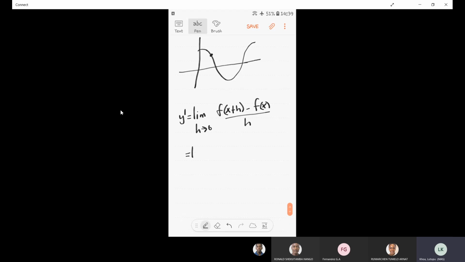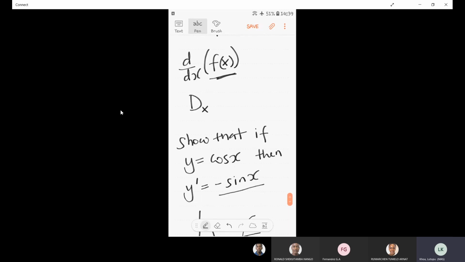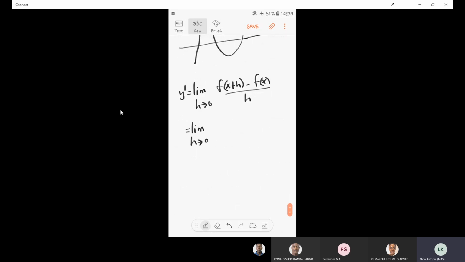This is the limit as h goes to 0. Now f of x plus h, that means wherever we have x, we substitute x plus h. So instead of cos of x, I will have cos of x plus h. And then f of x is just equal to cos x. And this is divided by h.